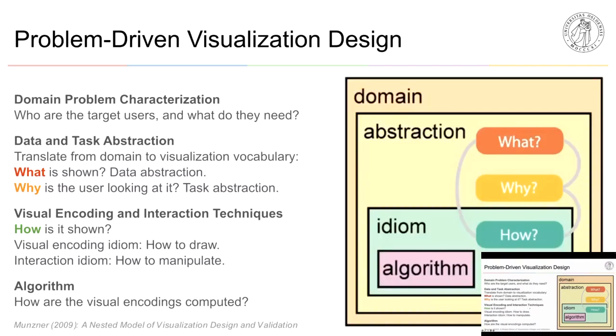So you're looking at how to draw it, but also how to manipulate the drawing. Then, of course, in the end, you have to create the algorithm. You have to program it. And so in the end, you find the algorithm of how to actually map your data onto graphics in the way that you have described, right?